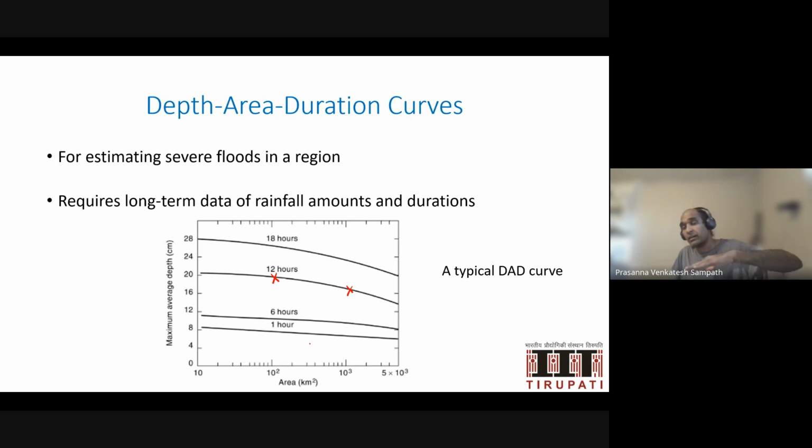But if I look at a larger area, let's say 1000 kilometers square, for the same duration of 12 hours, my rainfall amount, maximum average depth, is not 20 centimeters, it is something like 16 or 17, whatever this number is. Does that make sense to you? If the area of the region where rainfall is happening increases, the average rainfall received over that area decreases. Does that make sense?